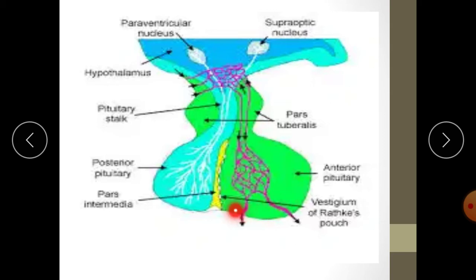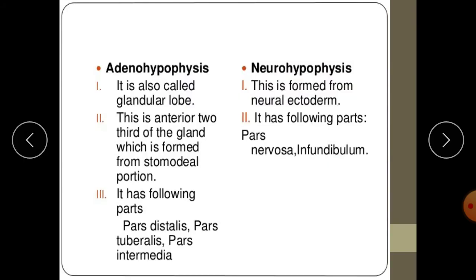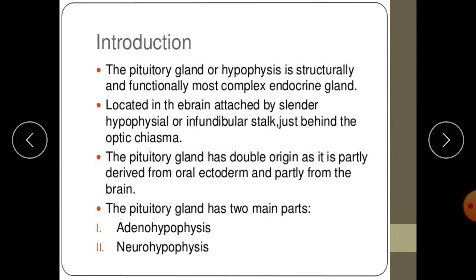This is made up of oral ectoderm, whereas this is made up of brain. Clear? Therefore, the hypophysis or pituitary gland has originated from two different parts. This is the anterior pituitary or adenohypophysis. This is the posterior pituitary or neurohypophysis. These are the two main parts of the pituitary gland.